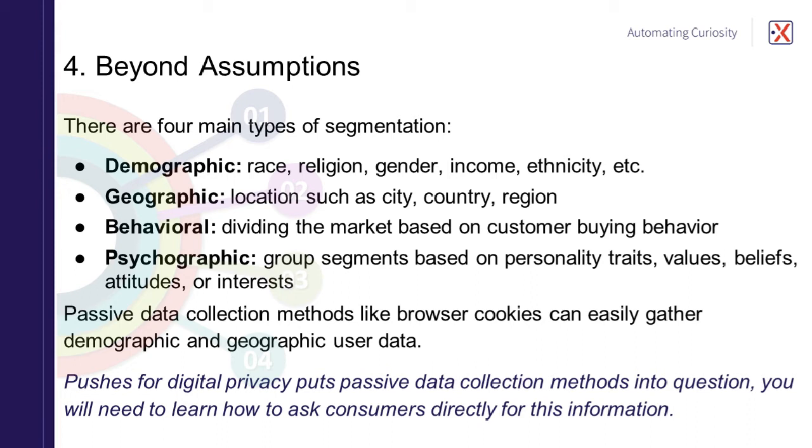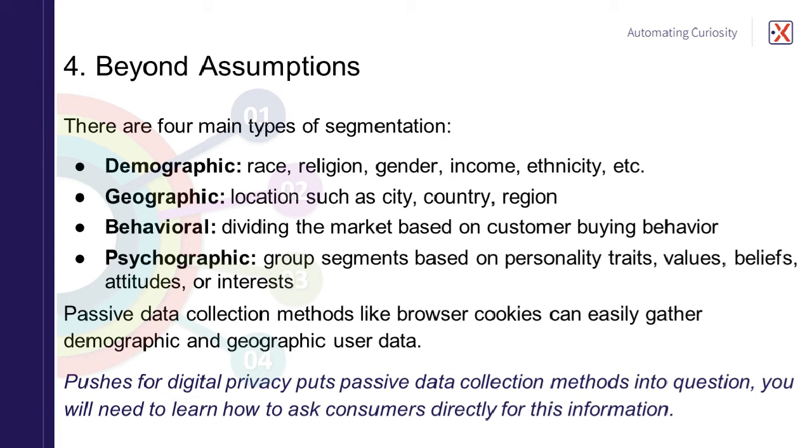Yeah, so thanks, Tim. The fourth methodology or technique to consider when you're doing segmentation is really going beyond your personal assumptions or even the business assumptions for exploratory work.